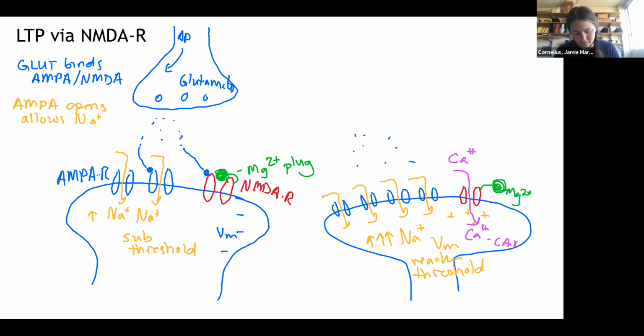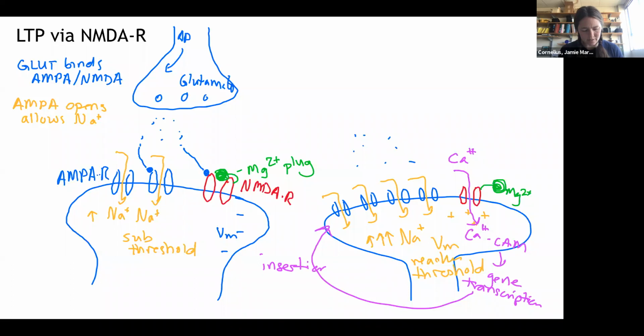We'll just give the abbreviation there, calmodulin, and that's going to trigger a bunch of cellular responses that eventually leads to gene transcription. And that gene transcription is going to cause the insertion of more AMPA.